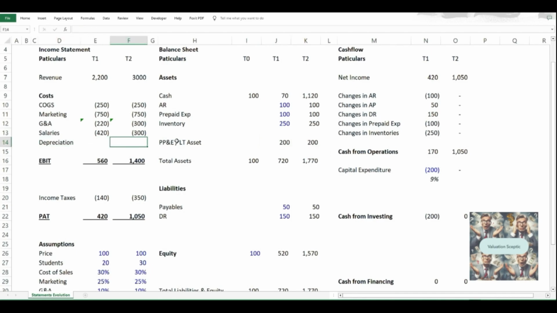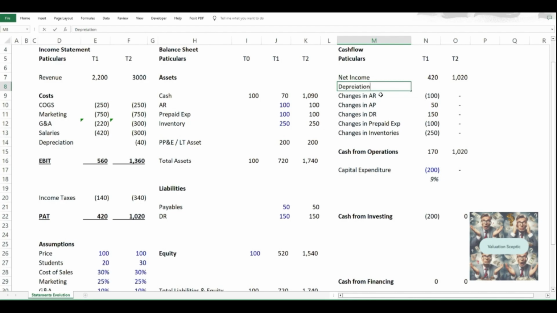Incorporating the calculation of depreciation on our income statement, assuming the useful life of our asset is approximately 5 years, we make sure on income statement this is an expense, and I will apply paste special over here, and this expense is impacting our EBIT and net to our PAT.